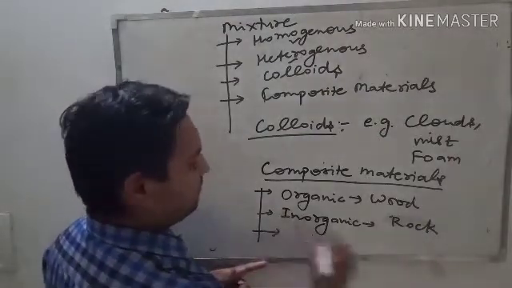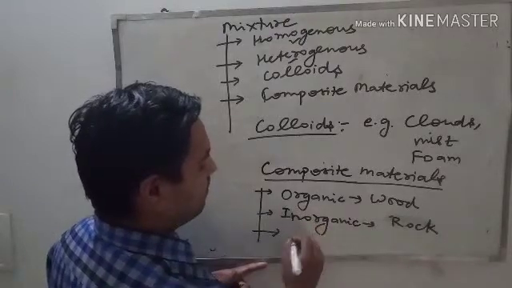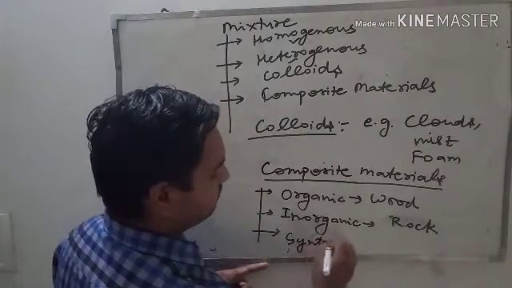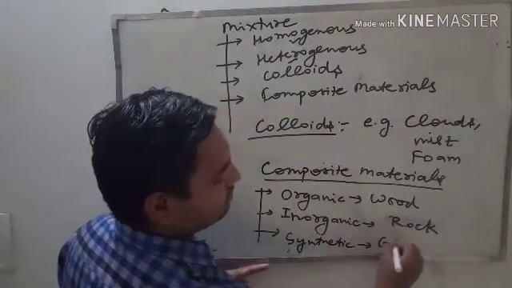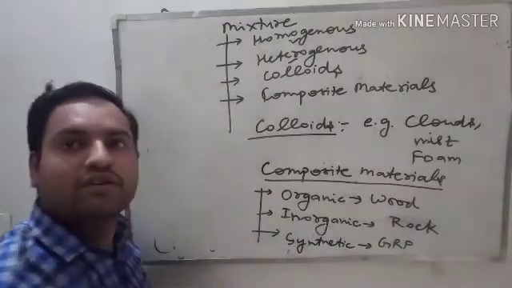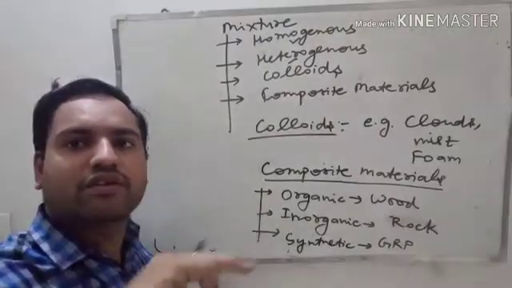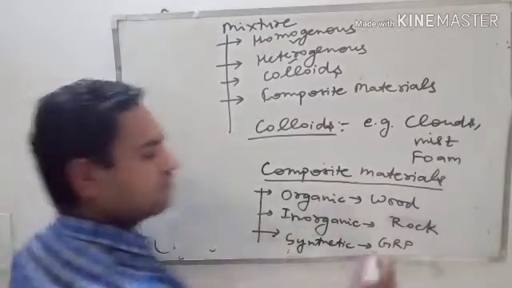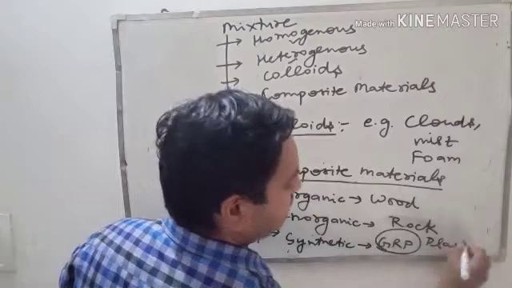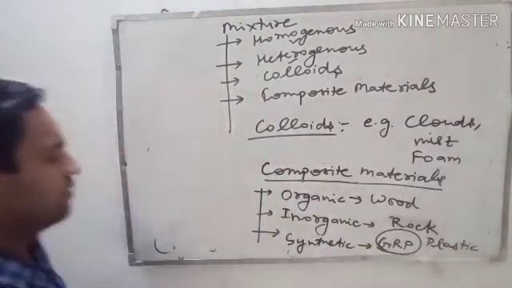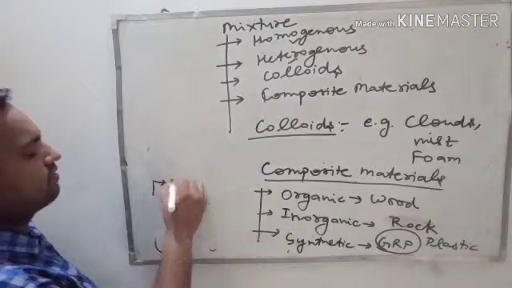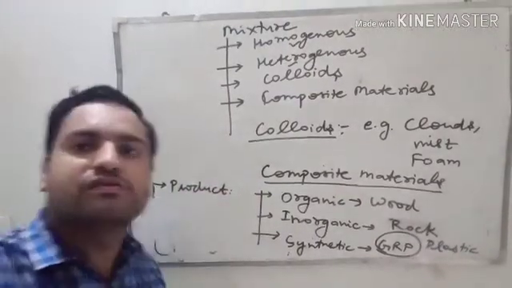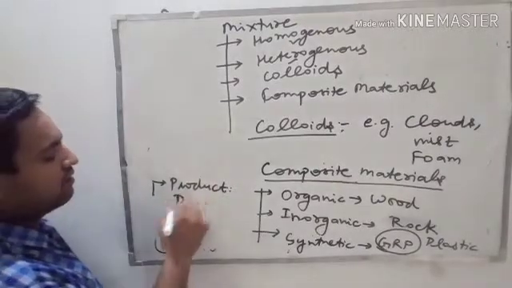Second, synthetic, like FRP. What is FRP? It is a type of plastic, fiber reinforced plastics. Then the last one is product, that is dynamite.